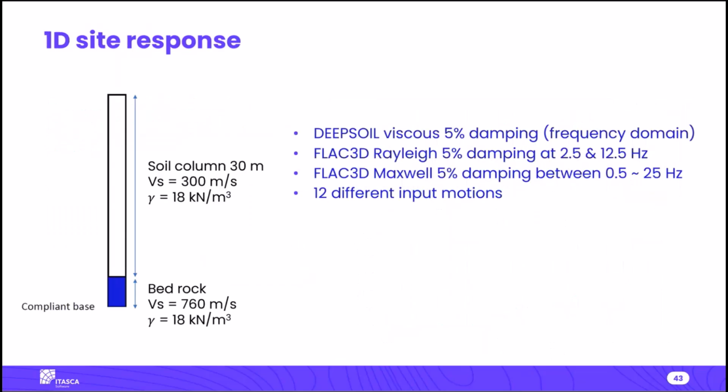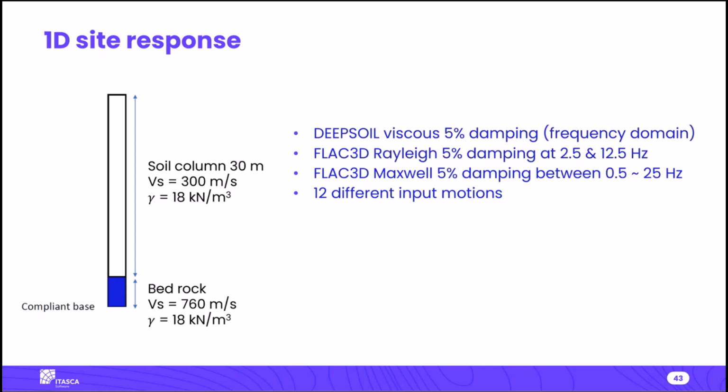Now I will show some applications. The first application is a 1D site response. We have a uniform soil column about 30 meters thick, and below this soil is a half space rock bed. We consider the rock bed as a compliant base. We compare results for 3 scenarios.